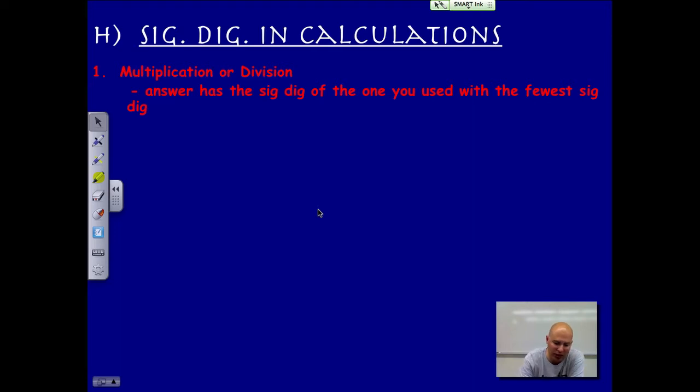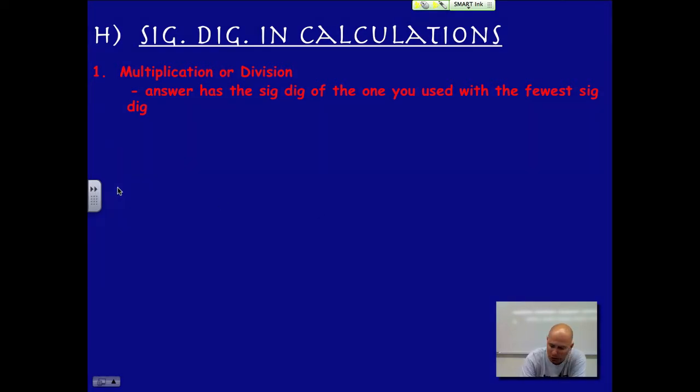So let's take a look at what I mean by that. Let's say I'm doing a volume formula. My volume formula is length times width times height. And let's say that my length is 3.05 meters. My width is 2.100 meters.